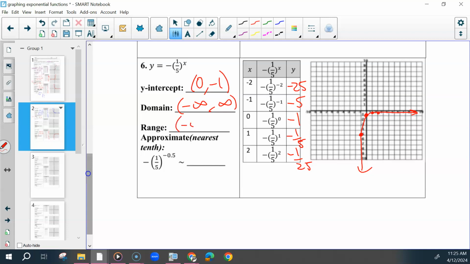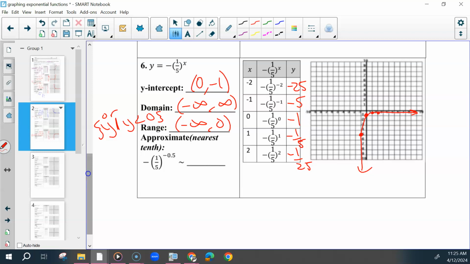So that part switched, for y, such that y is less than 0. So when you have a negative a value, your y-intercept becomes negative, and your range is now underneath the x-axis instead of above it.